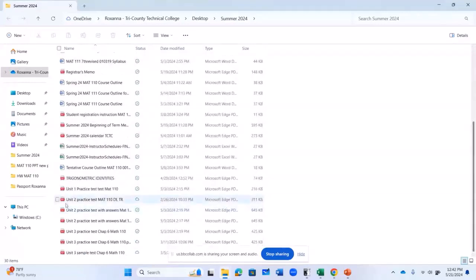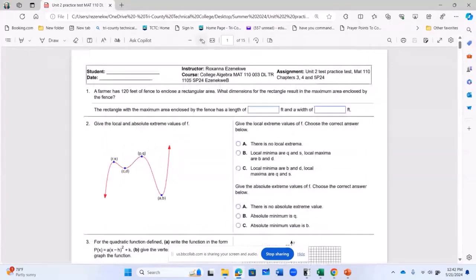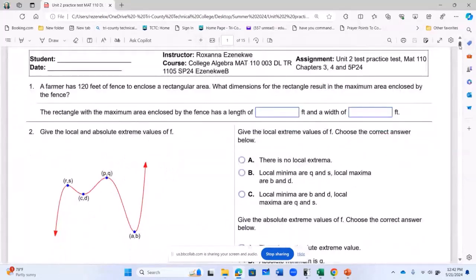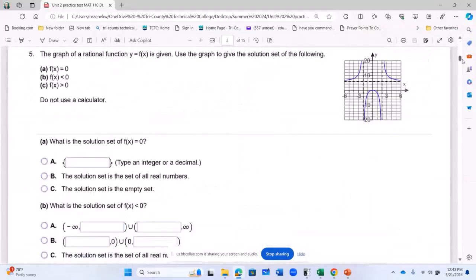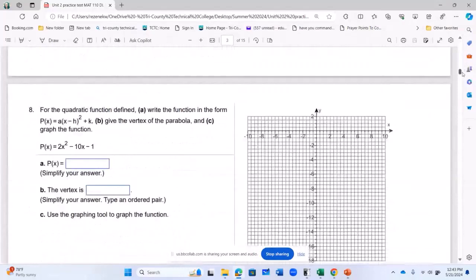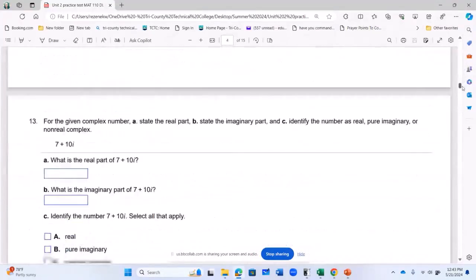I mean practice test 2, the unit 1 practice test. Okay, so this is the unit 2 practice test. What I'm looking for now is all the questions in terms of i, so I'm going down to see all the questions in terms of i to solve them.